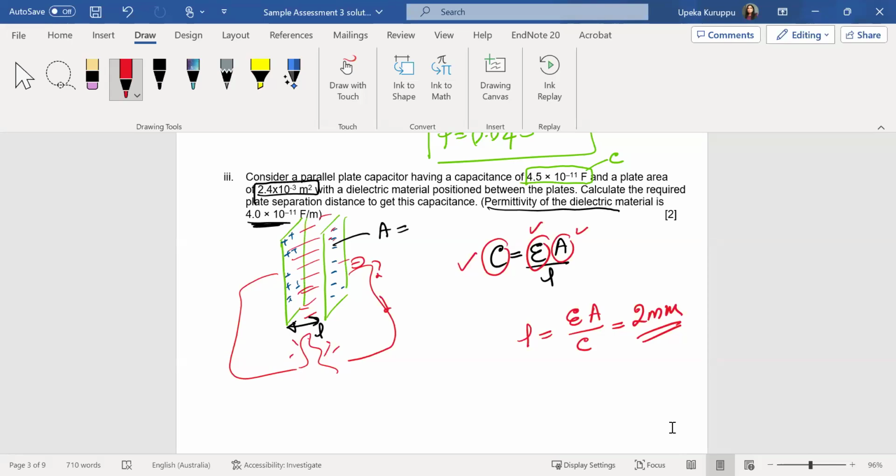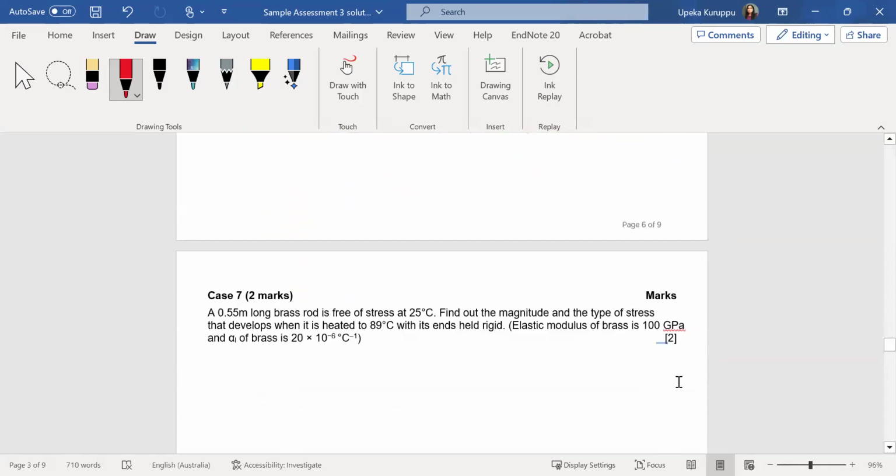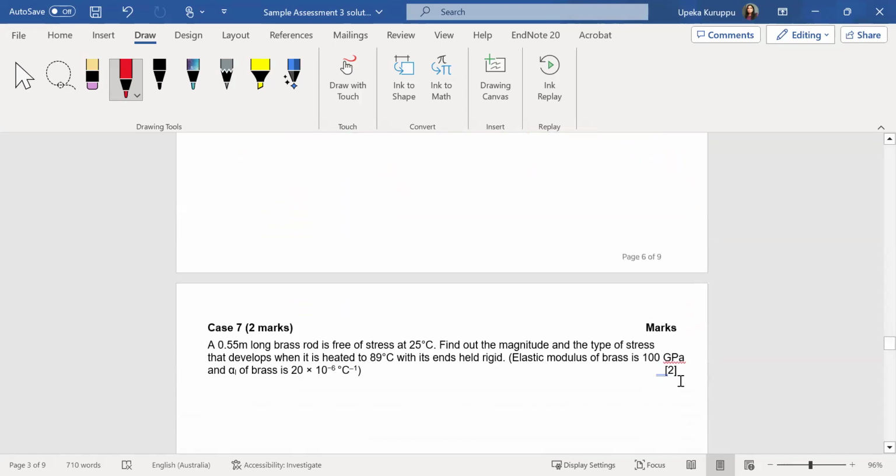Done? If you have finished, you can try the next one while others finish their work. In meters, yes. So I converted it to millimeters by multiplying by 1000. Yes, you are right. Okay, next question.